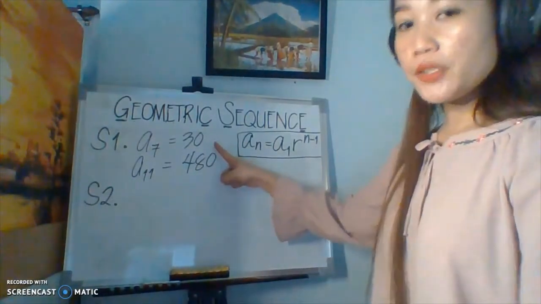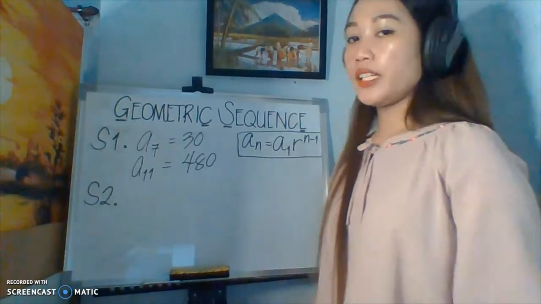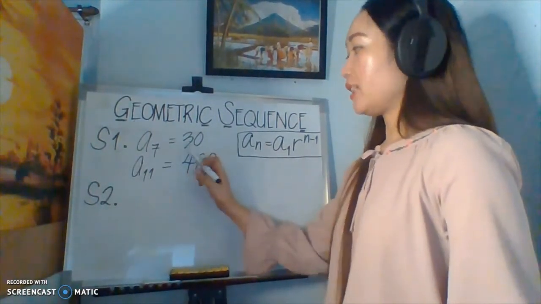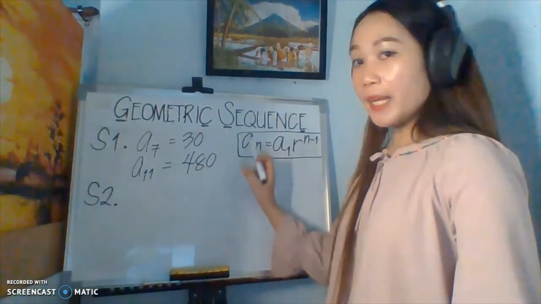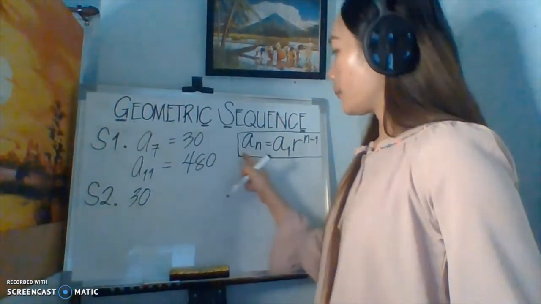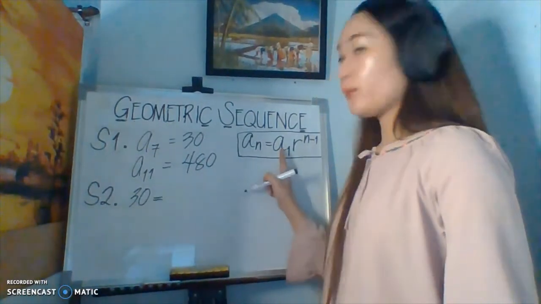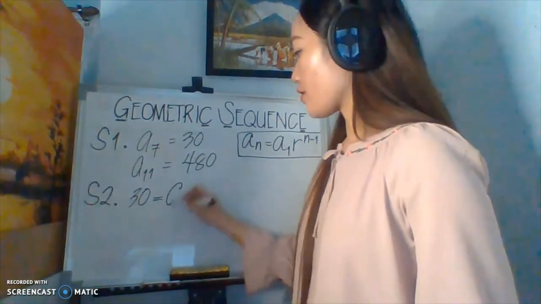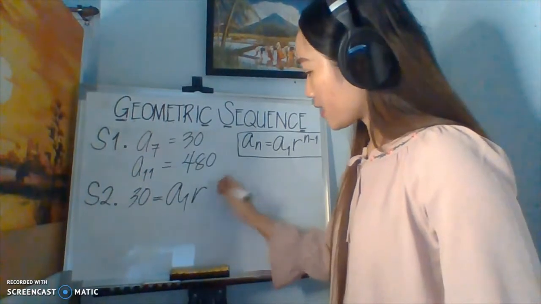Okay, so we will substitute the given to the formula. Let's start with the first one, the 7th term, which is 30. The value, which is 30, we can substitute to a sub n. So we replace a sub n by 30 equals a sub 1. A sub 1 is not given yet, so we will just write a sub 1. R, we don't have r yet.